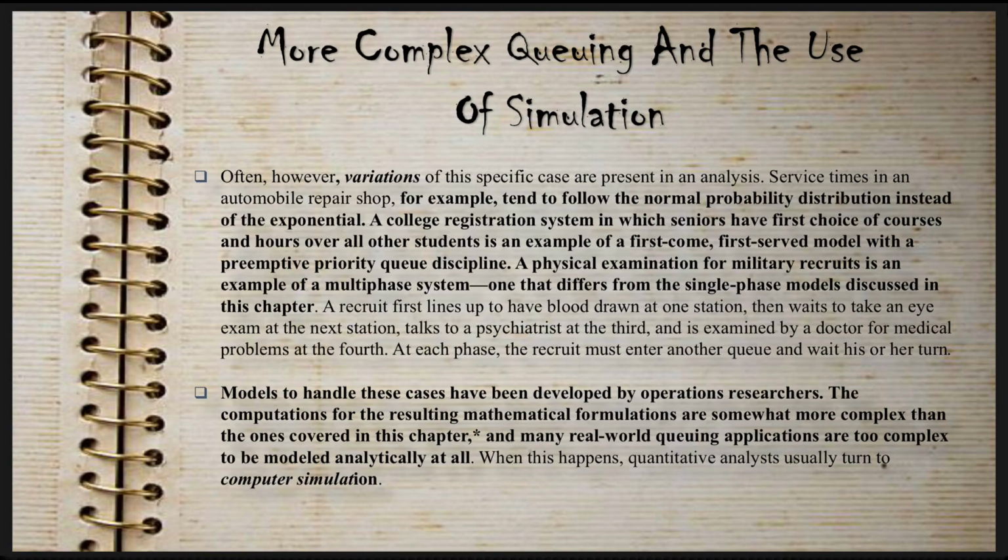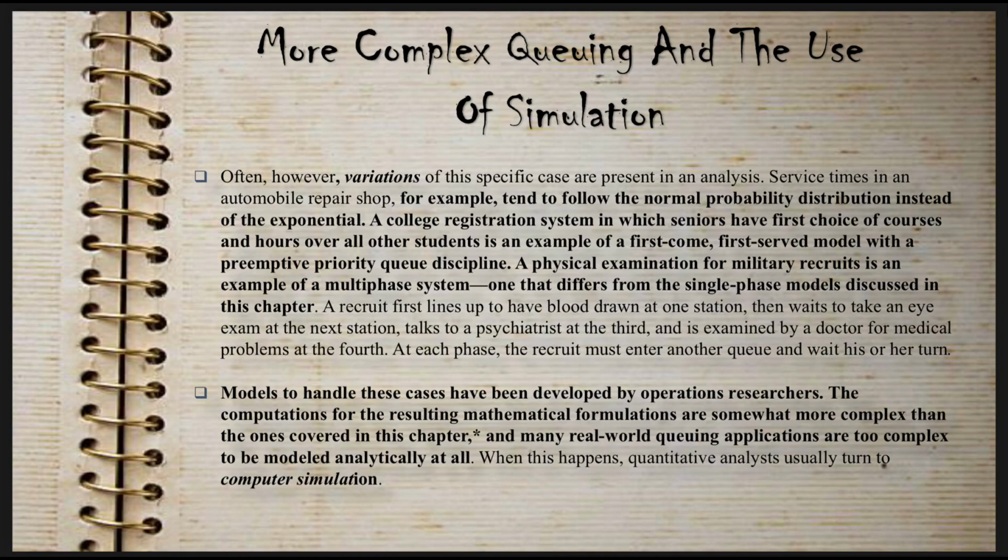It defines here that the recruit must enter another queue and wait his or her turn. The ones who develop the models for these cases are the operations researchers. The computations for the resulting mathematical formulations are somewhat more complex than the ones covered in this chapter.